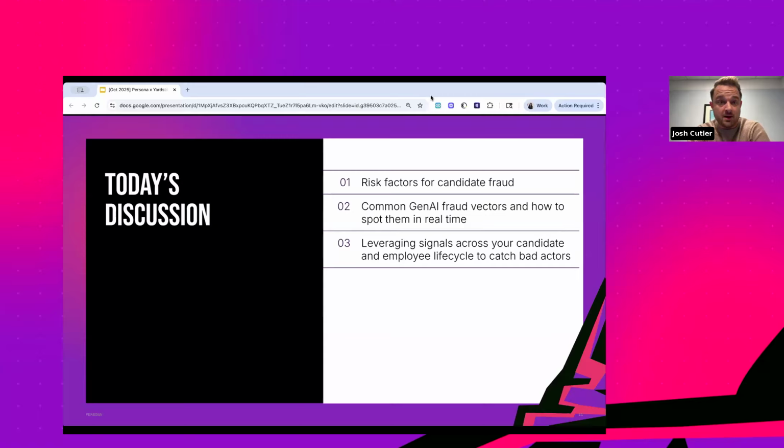Are you a known bad actor? Because we've seen a ton of volume across all the people that work with Yardstik and Persona. Can we match your payment signals, which are yet another thing you would have to go get legitimate? And so the more you can stack these things up and they all have to collate correctly with one another, the harder it is for the fraudster.